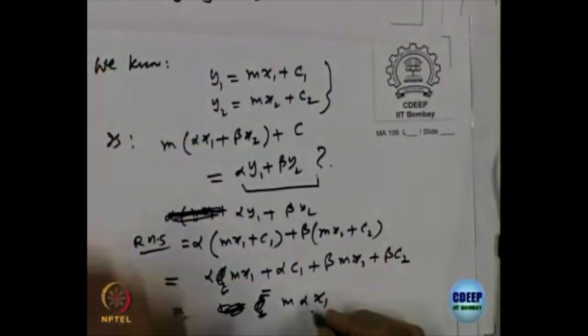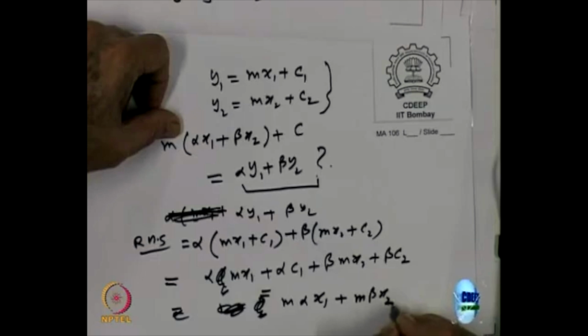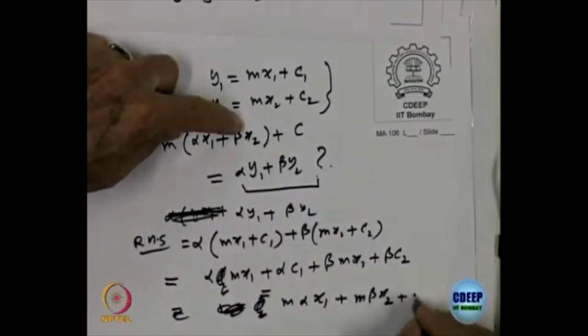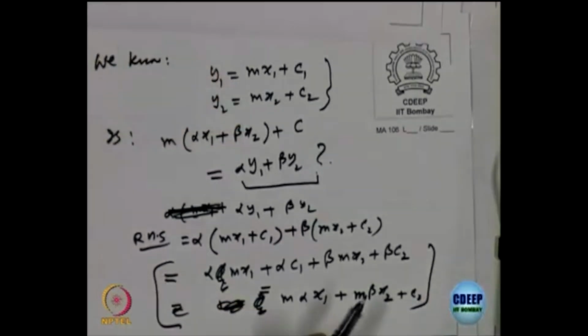What is the left hand side? Alpha m x1 plus m beta x2 plus c. So, we want to know whether these two are equal or not.